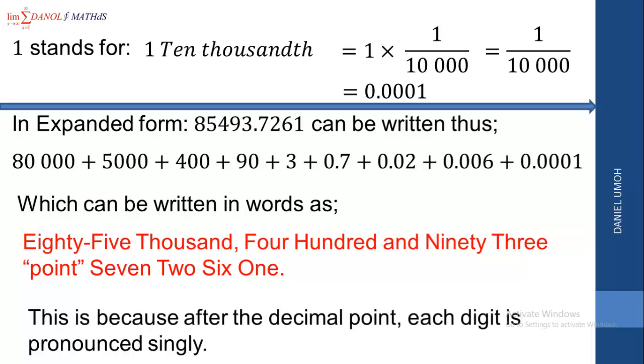We pronounce them singly, one by one. Some people make the mistake of reading the decimal part as a whole number. That's very wrong. Immediately after the decimal point, we pronounce the numbers one by one.